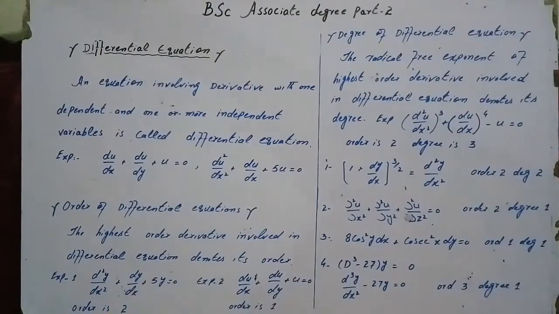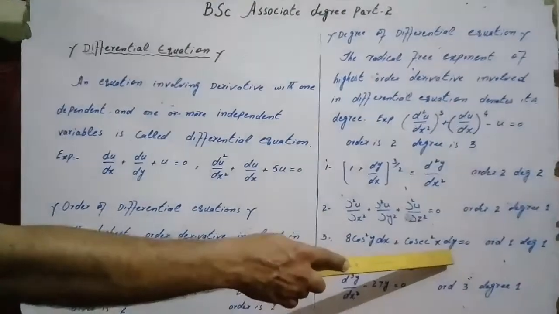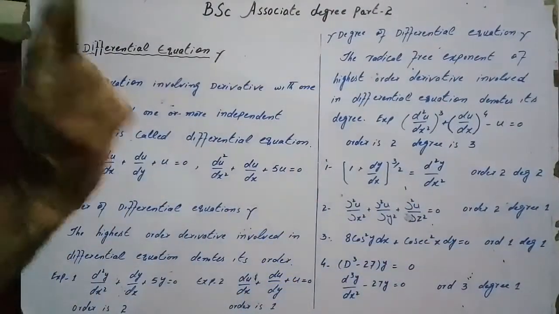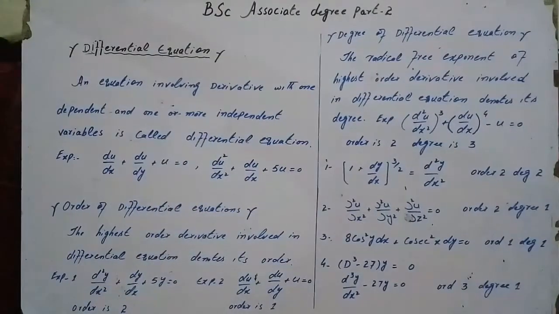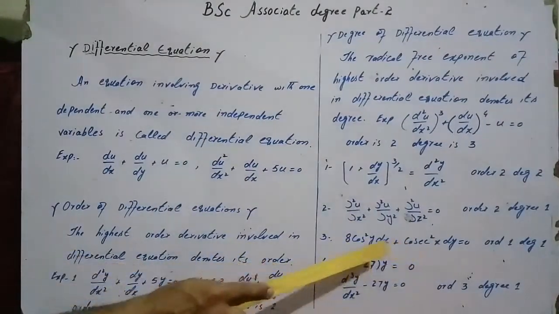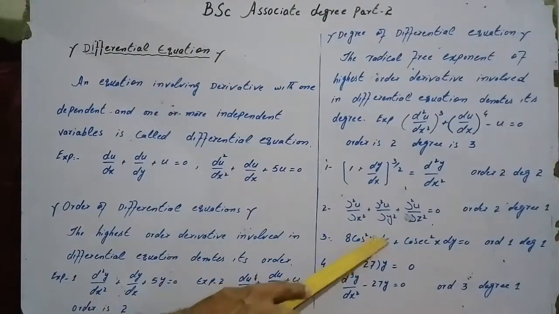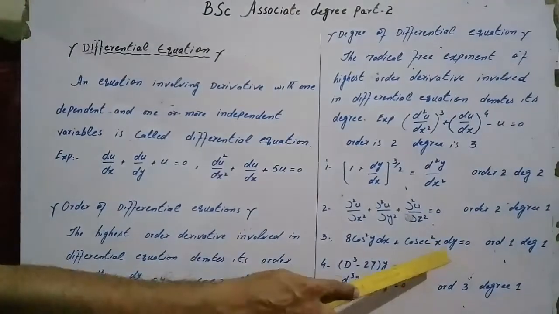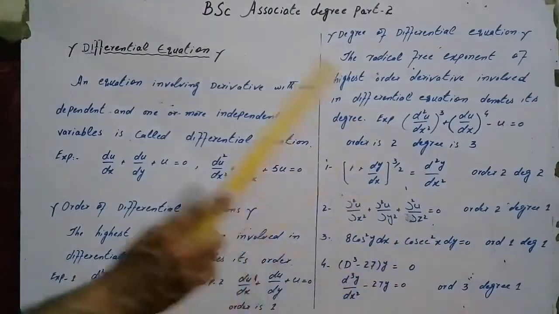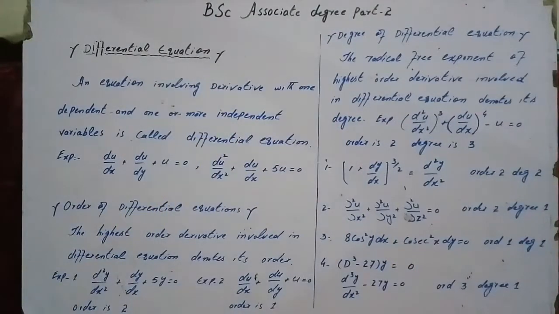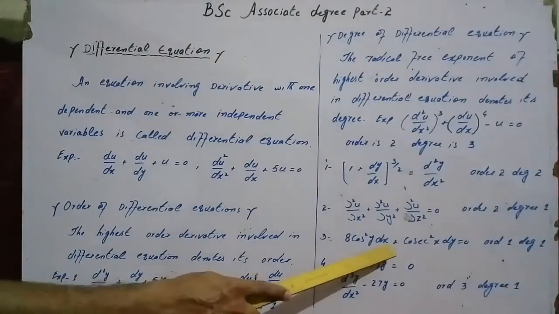So the order of this differential equation will be 1 because we have dy by dx, only a single order derivative. The degree is again 1 because the exponent of dy by dx will be 1 after shifting this term towards the right and separating dy by dx. So the degree of the differential equation is also 1.